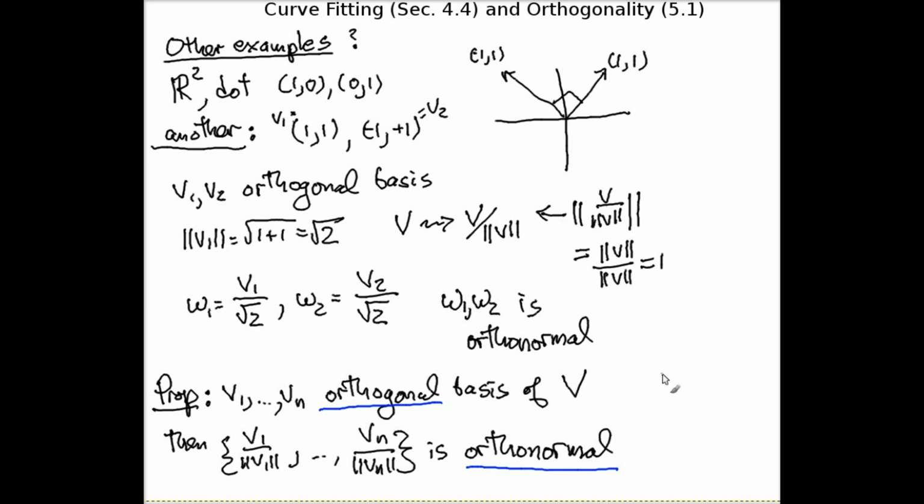All I'm saying is if you have, say, two perpendicular vectors, if you scale them, they're still perpendicular, and you can scale them so that they have length 1. That's pretty clear. So I'll leave that at that and go on to the next property.